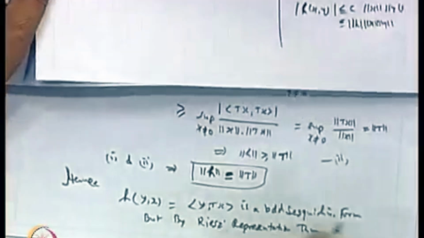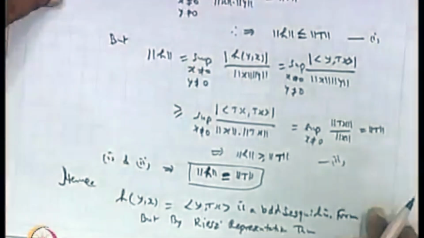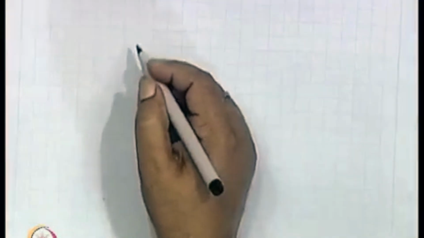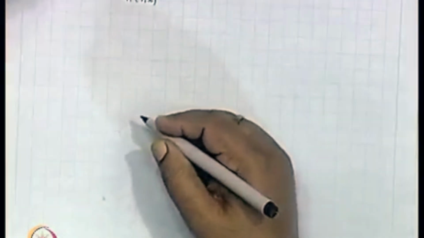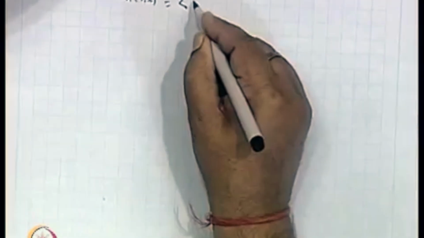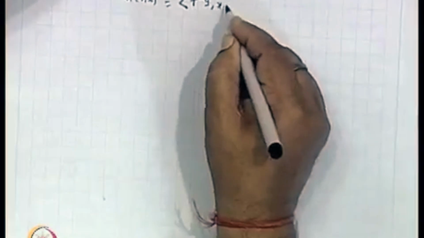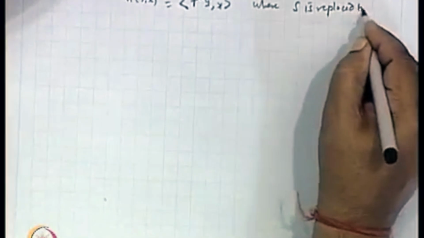So h of y, x, by the Riesz representation theorem, can be expressed as the inner product of T star y comma x, where S is replaced by T star.